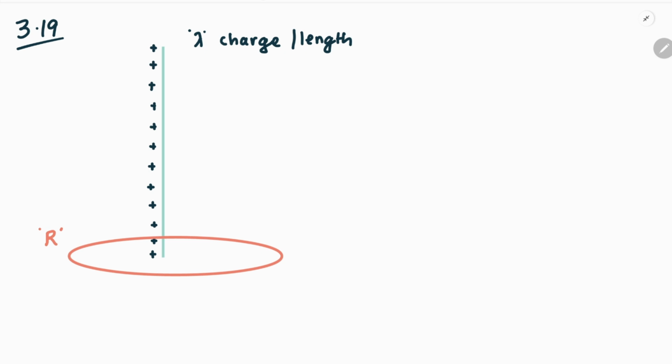So the first thing that we understand over here is, due to this line charge, at a distance small r, if we consider a patch of thickness dr, over here we will have two components of electric field. One component will be in the x direction and the other component will be in the y direction.